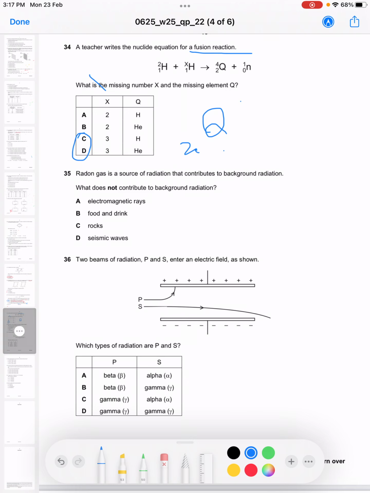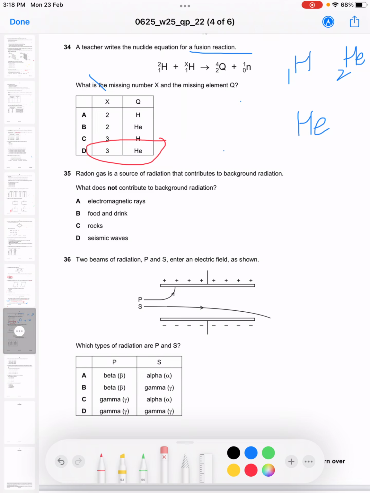In the periodic table, hydrogen has the atomic number 1, and helium has the atomic number 2. So it means that the Q element is helium. You can check which option is correct. It is option D, in which our x is 3 and our missing element is helium. So this is the right option.